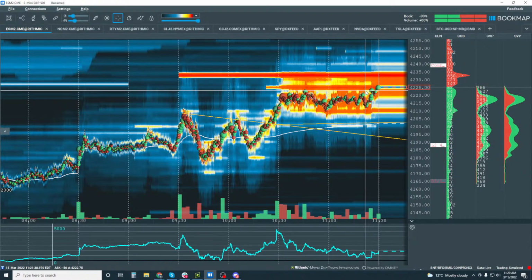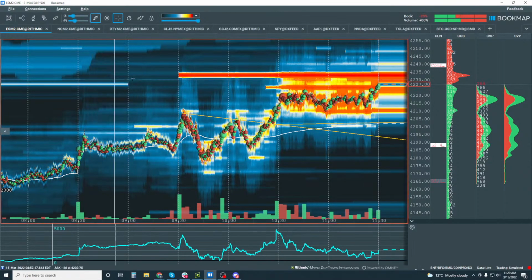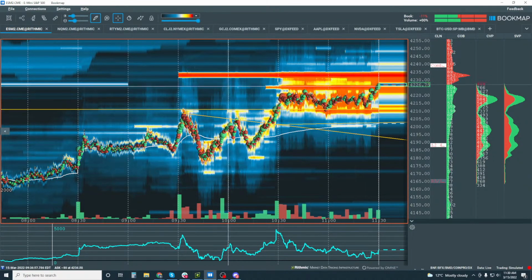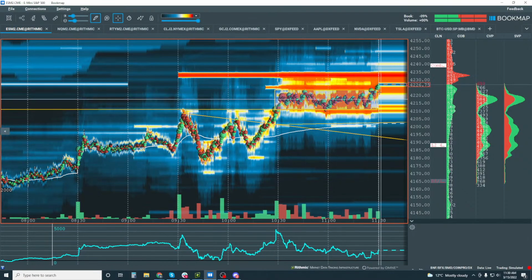If your volume profile, if your patterns, like this is a breakout pattern here, and you look for it to create a new trading zone. One from like here to here.